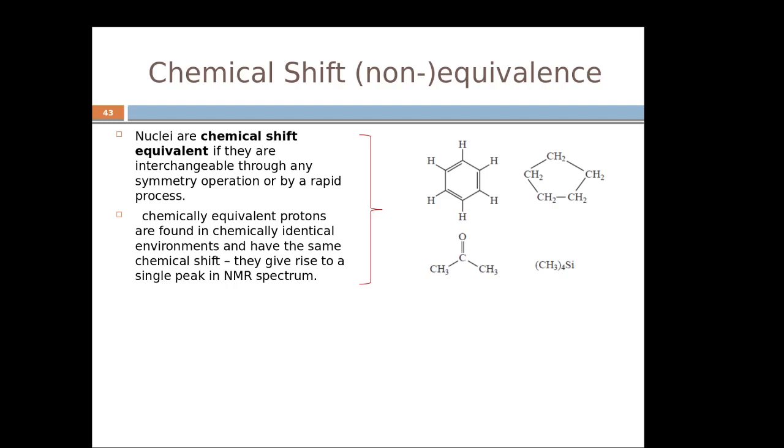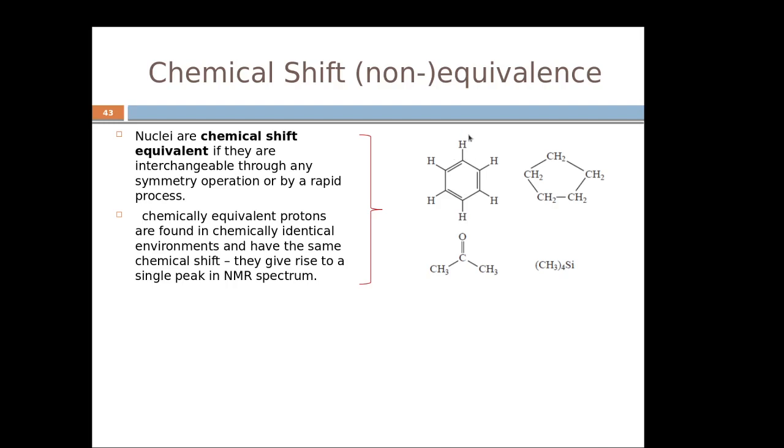Say, for example, if you consider the benzene molecule, the first one shown here, and if you consider this proton and this proton, then you can see that you can interchange these protons by some type of symmetry operation.